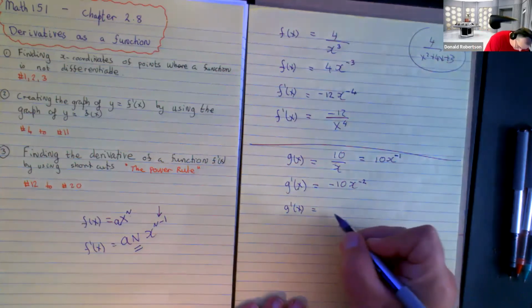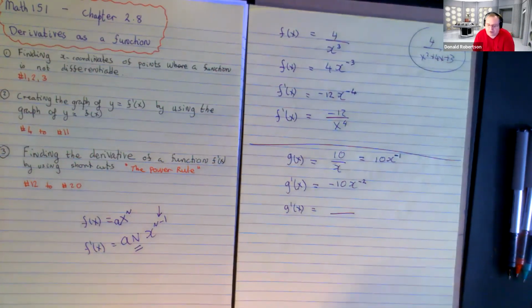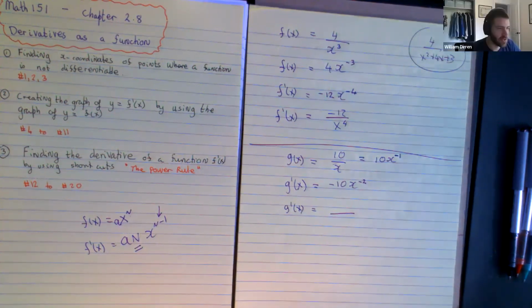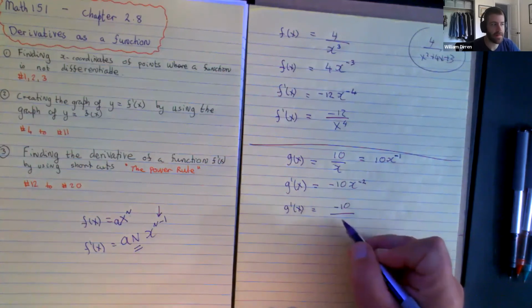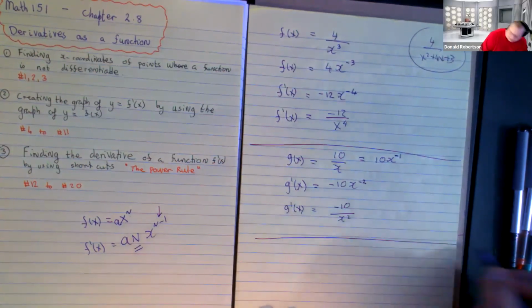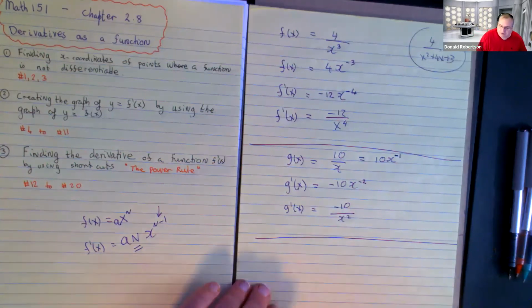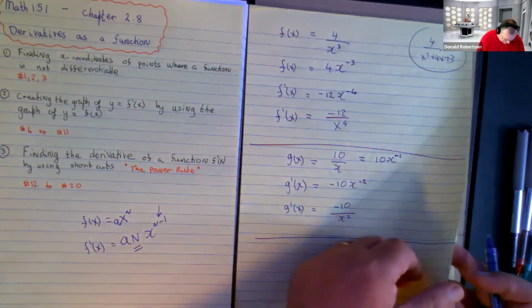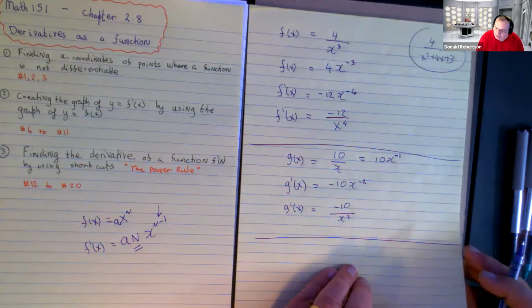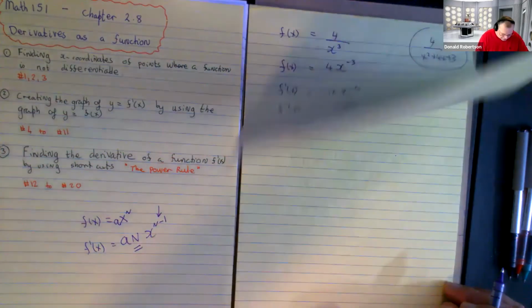Now, style points. What's that guy going to finish up looking like? -10 over x squared. Getting a little bit easier the more you do the style point thing, right? Make it look like the original. So far, so good. Right, let's put the package together then.